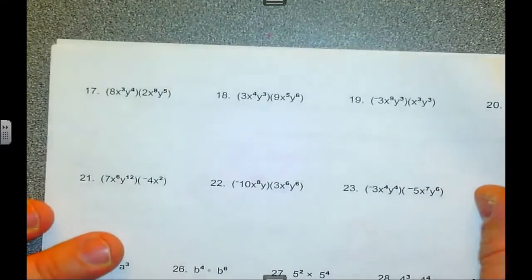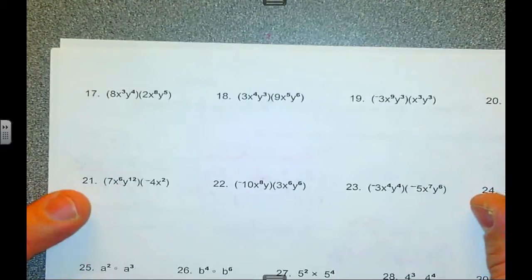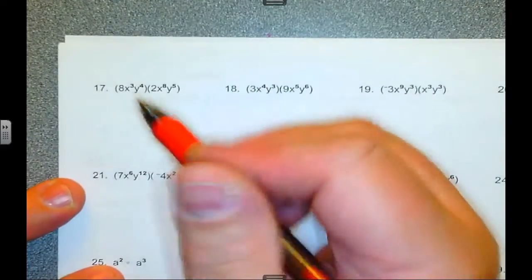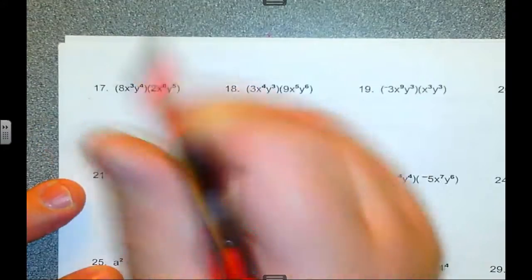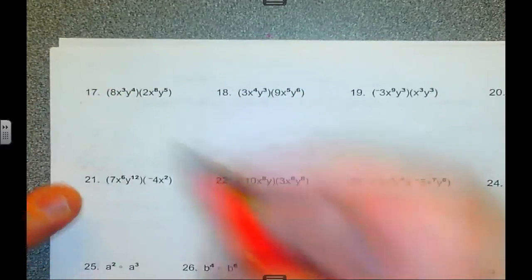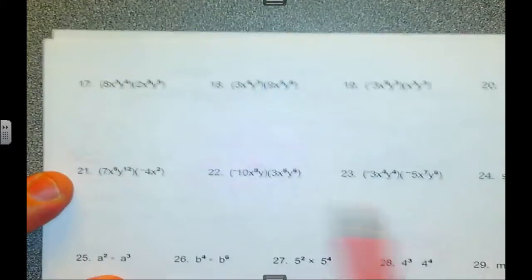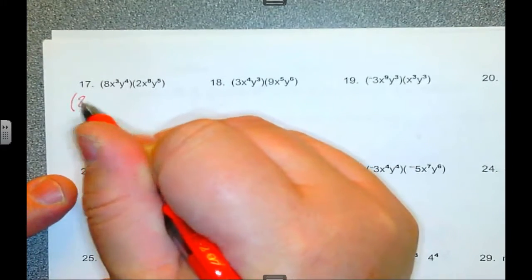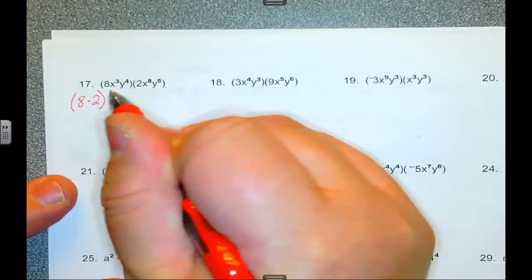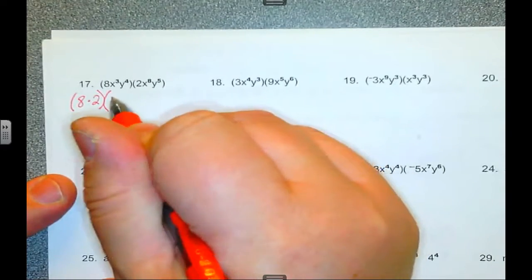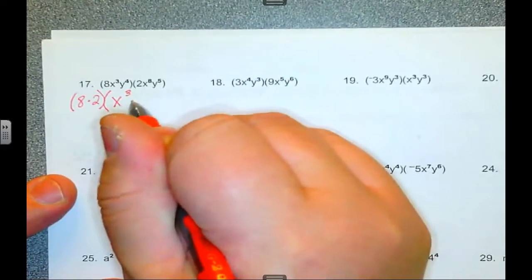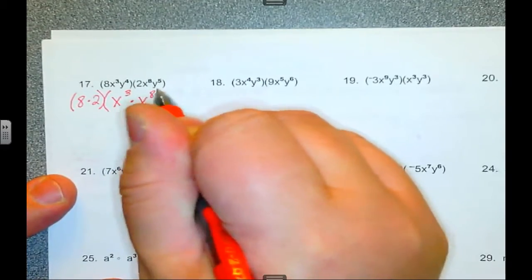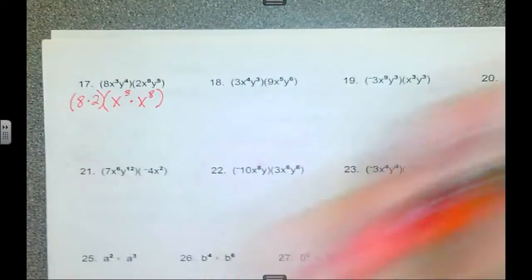Let's look at number 17. You start getting a little confused because some of these get pretty long. Put your numbers together, your coefficients, 8 times 2. You can put your x's together, x to the 3rd times x to the 8th. I can do that in multiplication. I can change order.